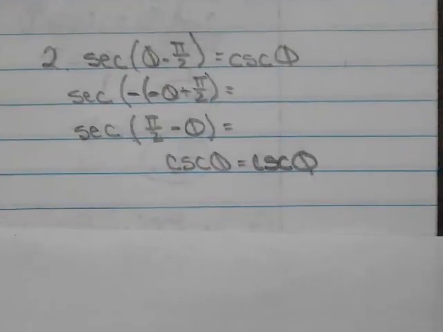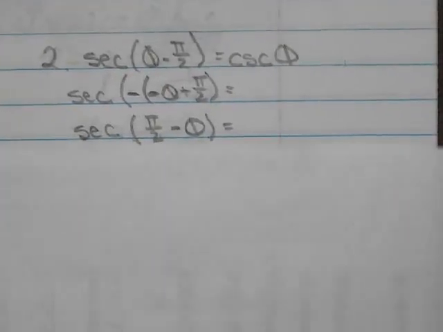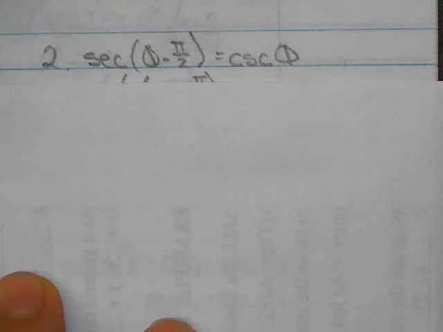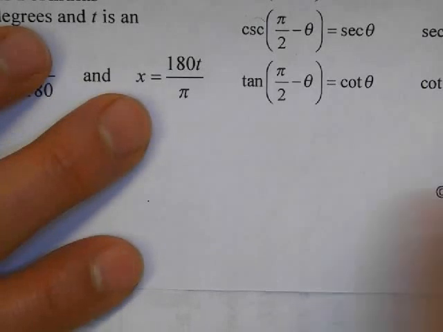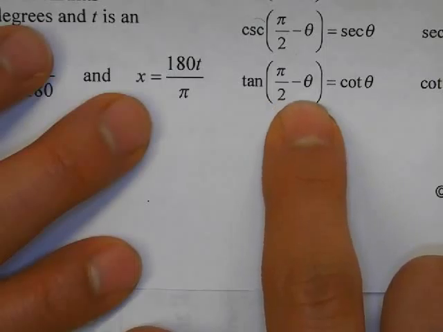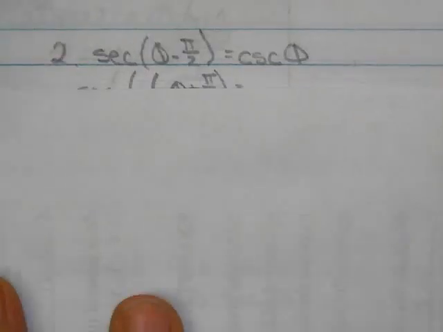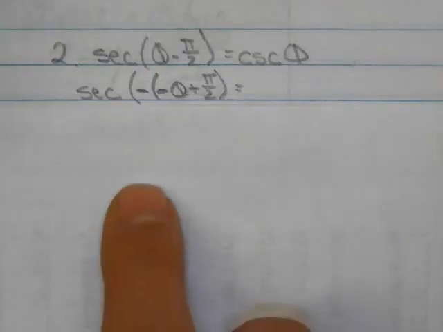Number 2 here, we have secant of theta minus pi over 2 equals the cosecant of theta. So to prove that, again, my cofunction formulas are always pi over 2 minus theta. So if I have theta minus pi over 2, then it's backwards, so I need to change it back. And how I do that again is to take out a negative.